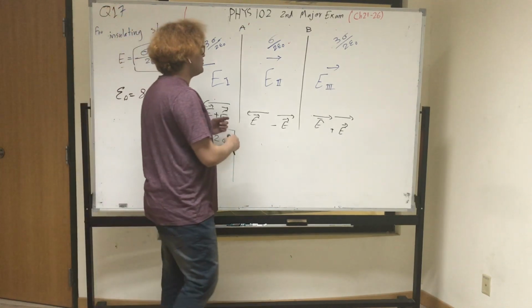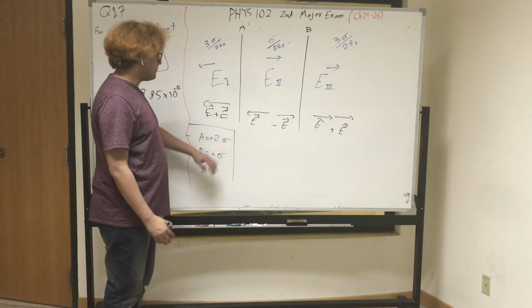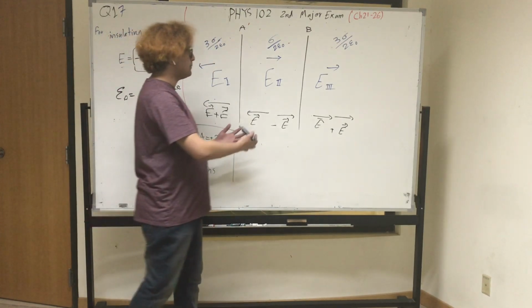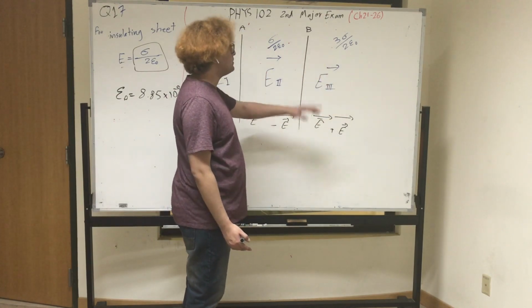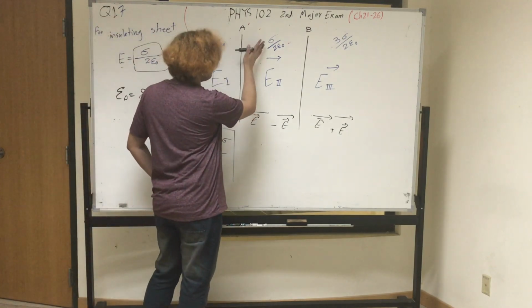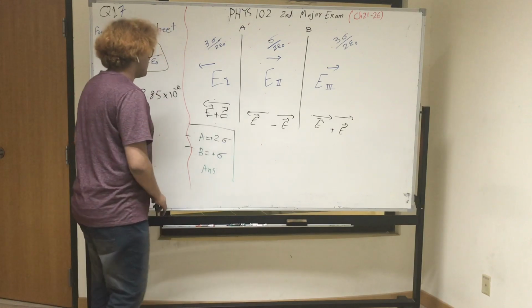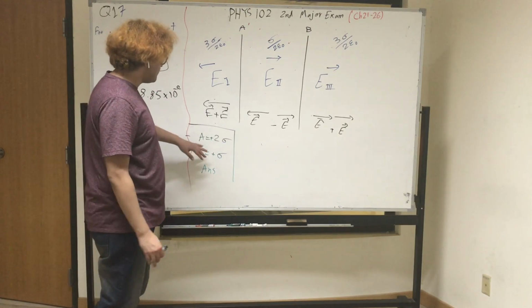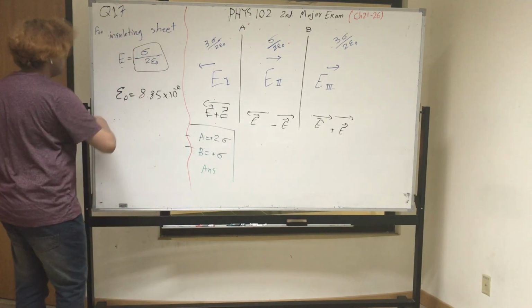So we need to think about two values of sigma such that if you add them, you get 3 over 2 sigma over epsilon naught, and if you subtract them, you get sigma over 2 epsilon naught. If you take A to be 2 sigma, then just apply this equation.